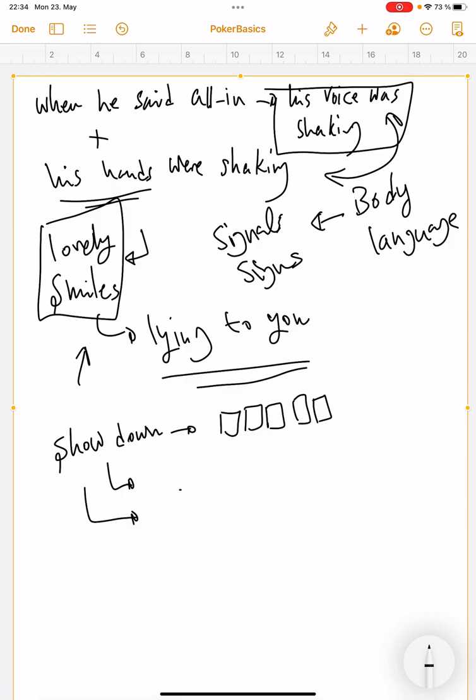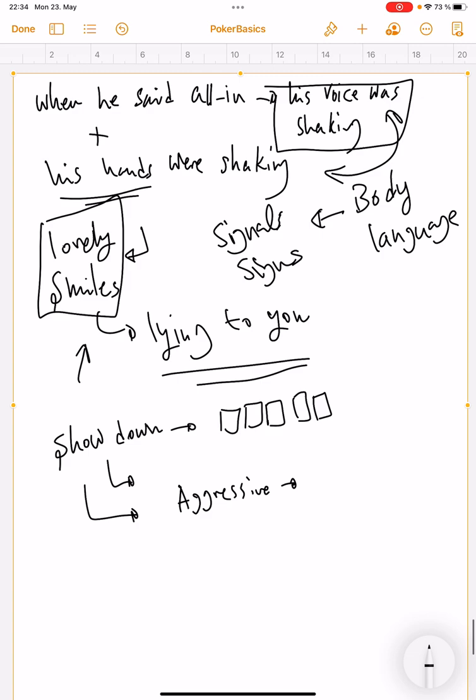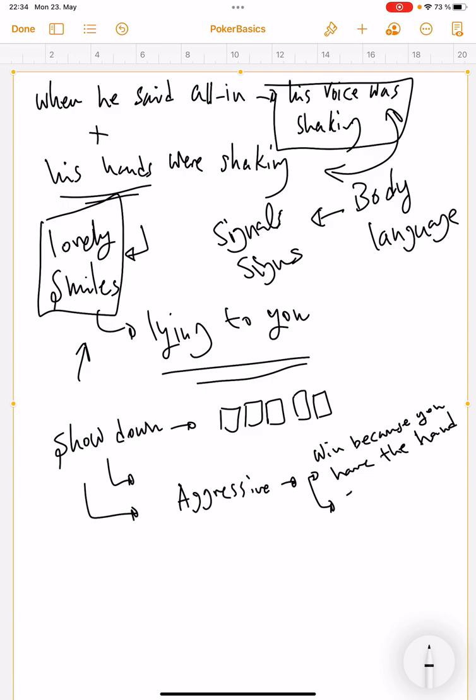So when you are playing aggressive, you are increasing your chances of winning, because some portion you will win because you have the best hand. And when you play aggressive, there will be another portion which you win when others are folding.